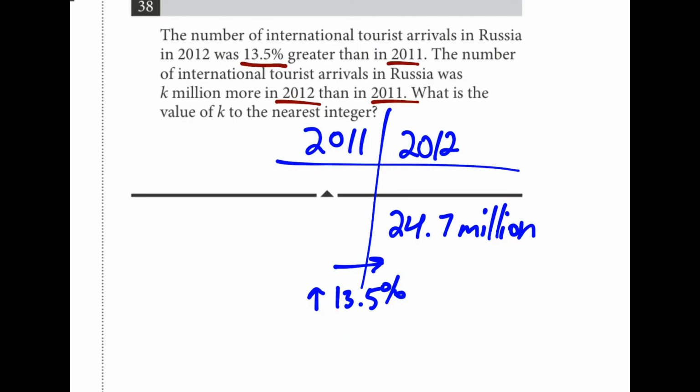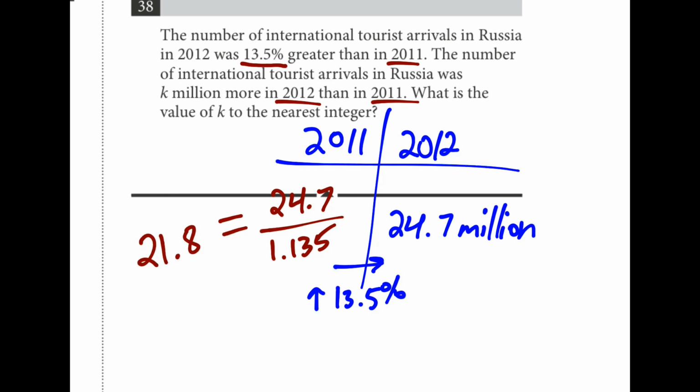So to figure out this missing value, we can take 24.7 million and divide that by 1.135, because that shows an increase of 13.5%. So this gives us 21.8 million if you round to the nearest tenth. So the difference between these two values, 24.7 and 21.8, is 2.9 million. And they want that rounded to the nearest whole number. 3 is the answer.